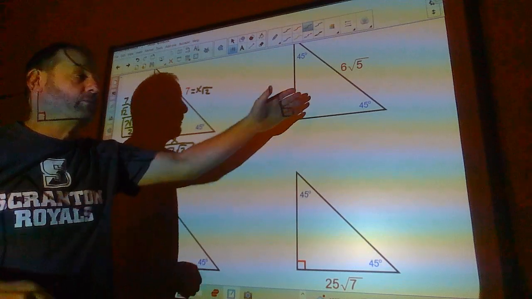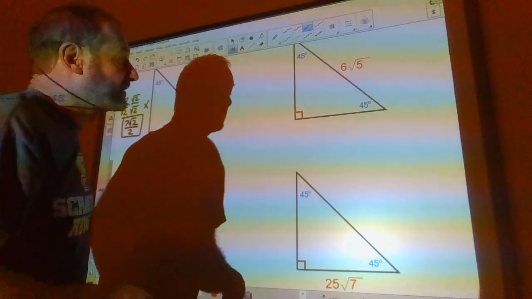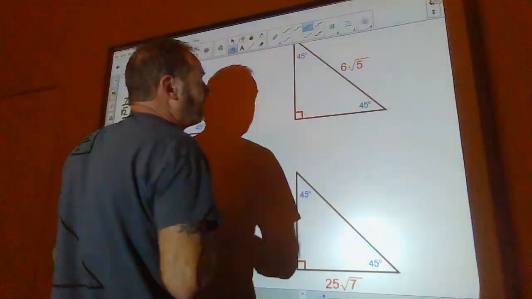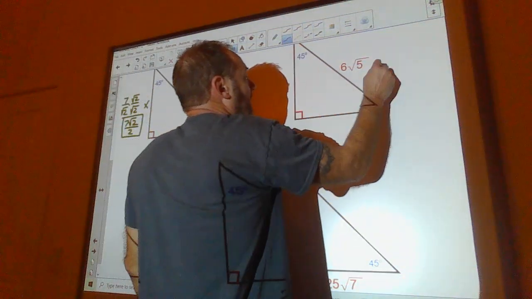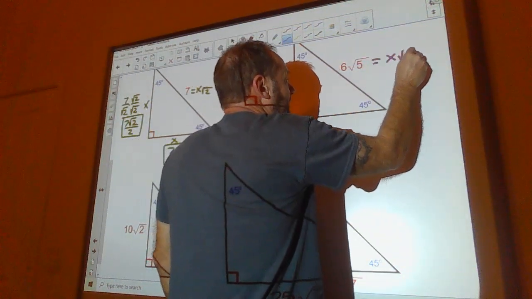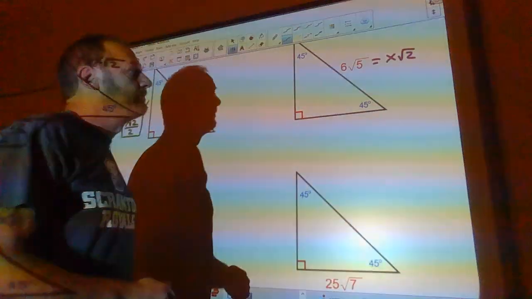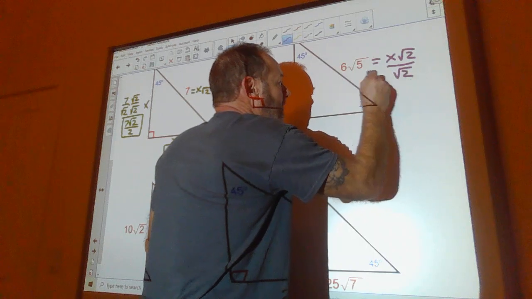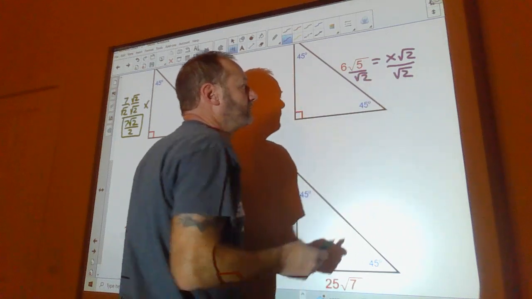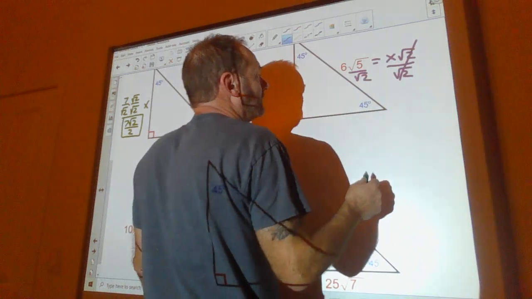Okay, now here's a weird one. We haven't really looked at one like this. This side is 6 square root of 5. I treat it the same way that I did before. I'm going to say, well, this is equal to x times the square root of 2. So I'm going to go ahead and divide both sides by square root of 2. This is going to cancel out.